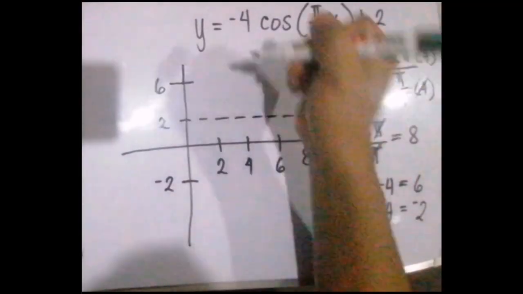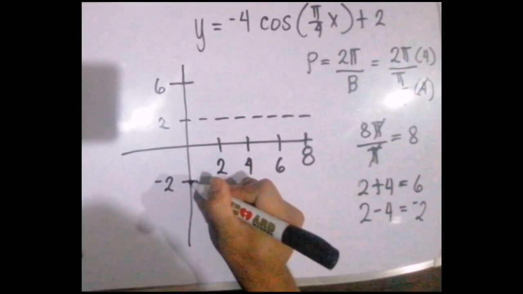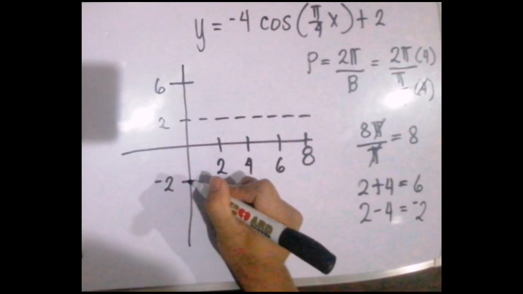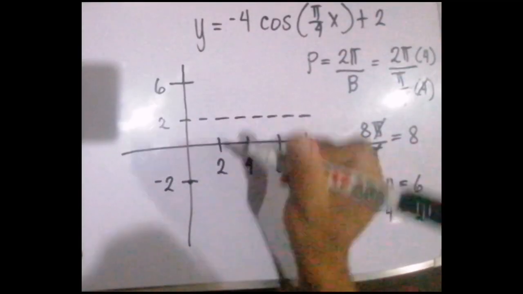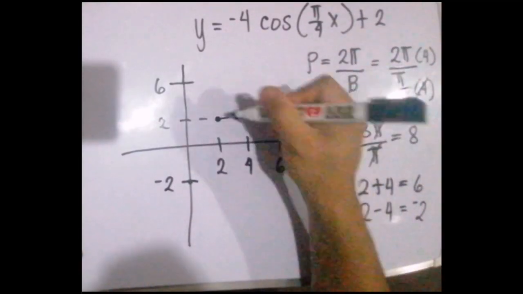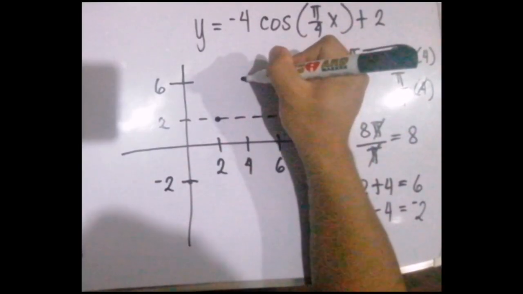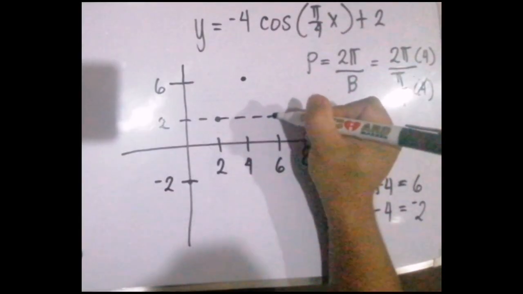Since our amplitude is negative 4, we're going to start in a negative. So here. So the next point will be here. And the next point will be here. And back to positive 2.